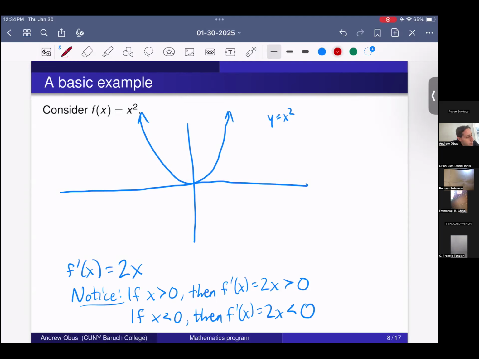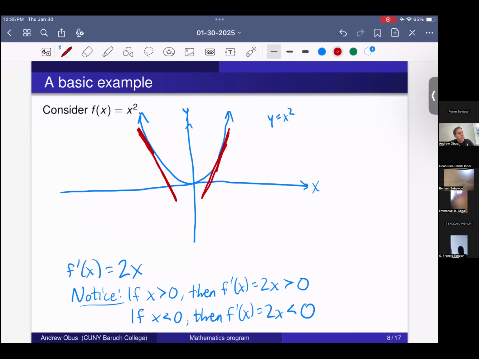So for positive values of x, this derivative is positive, and for negative values of x, this derivative is negative. And this is reflected in the slopes of the tangent lines. For positive values of x, we have a positive slope of the tangent line, and for negative values of x, we have a negative slope of the tangent line.